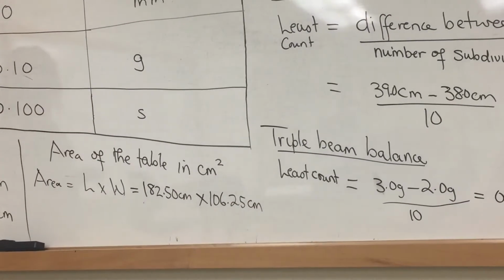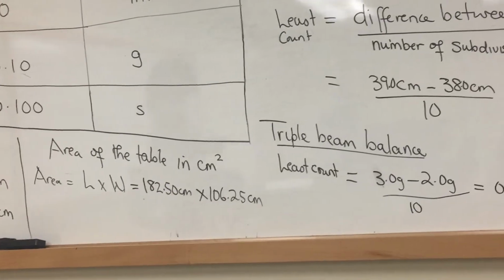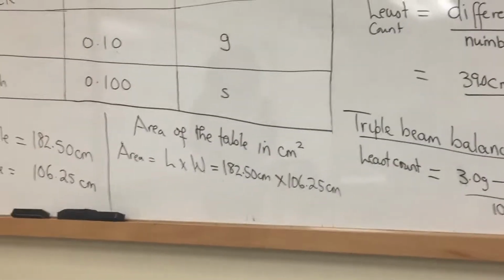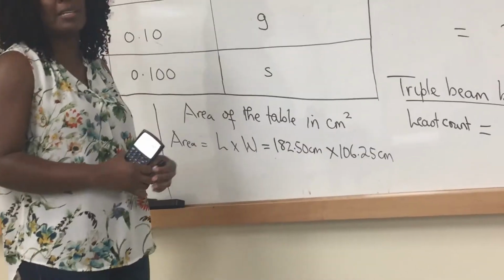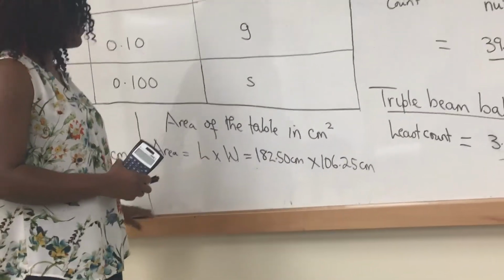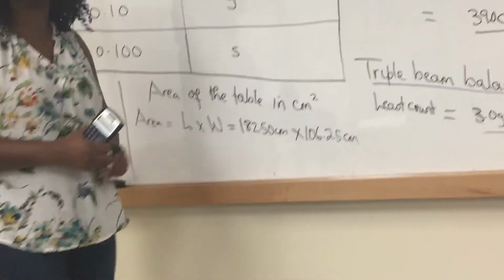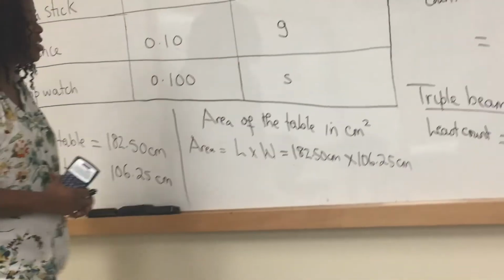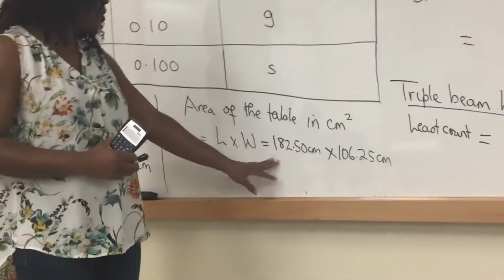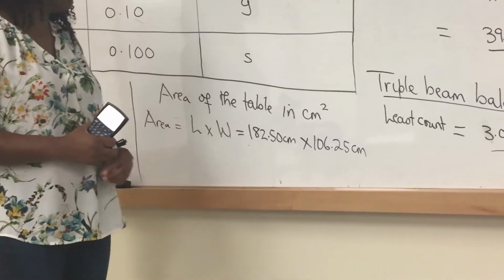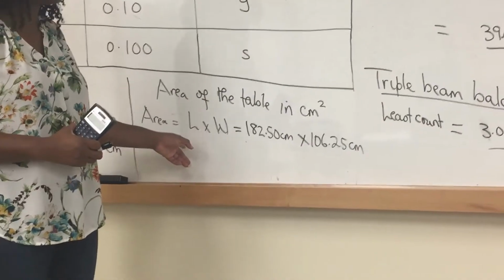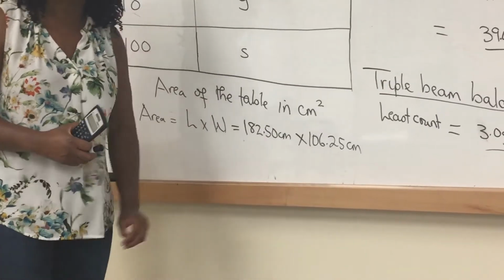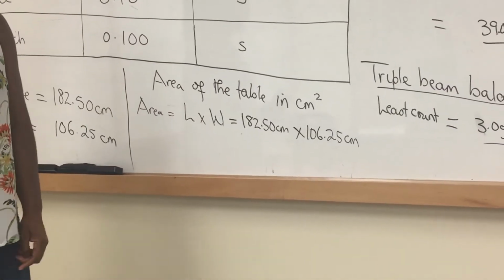Now I want you to put this number into your calculator and report the area to the correct number of significant digits. When you analyze the length and the width of the table for significant digits, you will see, according to the significant figure rules, that there are 5 significant digits in the length of the table, as well as 5 significant digits in the width of the table.